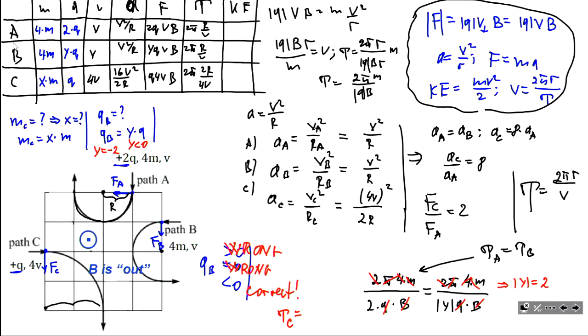They are not equal. So one period should be larger, maybe twice larger, maybe 3 times. So another period should be less, like a half or third or a quarter. And this is the most important statement we have to make right now, because after that we know what to do. So how do you relate the period of particle C and the period of particle A using that information?